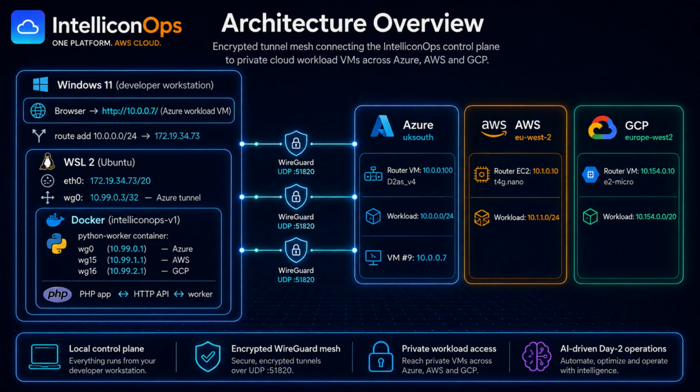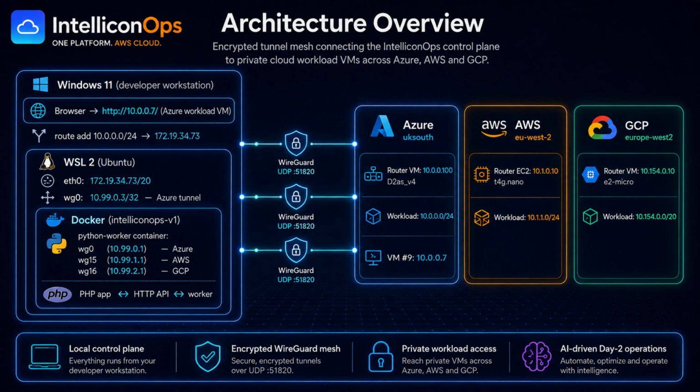The PHP application provides the user interface while the Python worker handles the orchestration and executes the infrastructure automation. That separation is important because the web application doesn't need to directly manage the cloud networking itself. The worker can establish the secure management path and execute operations against the target environments.